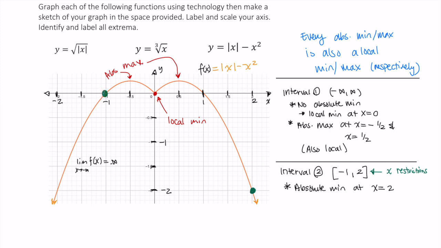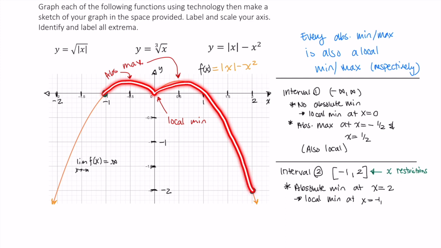So let's go ahead and write that down. There is a local minimum at x equals -1 here, and again, I'm restricting to this portion, and I may as well just highlight it in green so that we don't lose our restriction. So if we're just considering this restricted highlighted green graph, then we also have a local minimum at -1, at x equals 0, and at x equals 2.